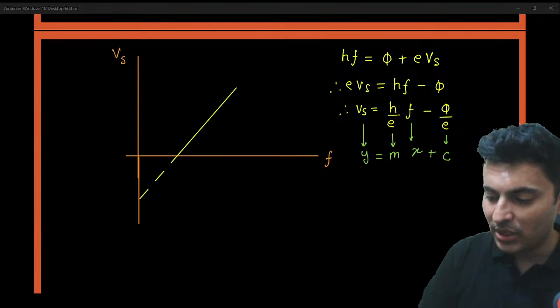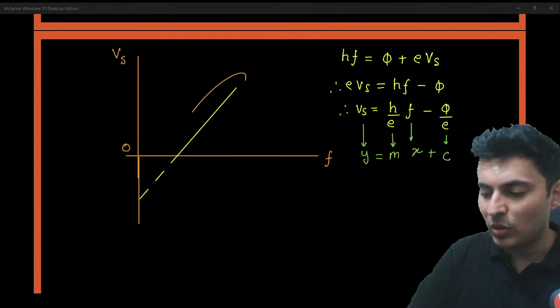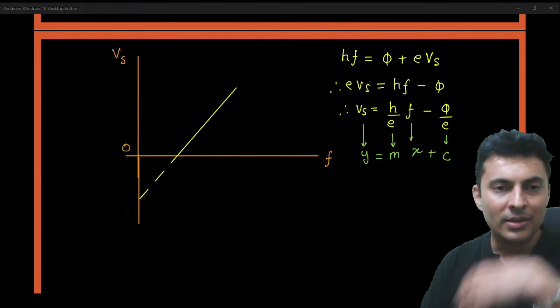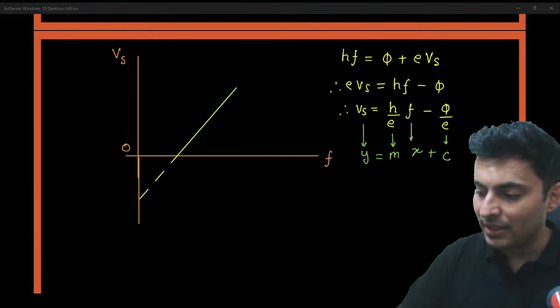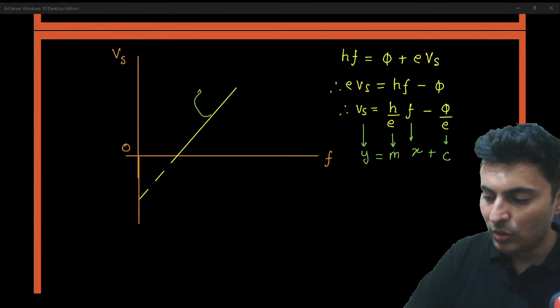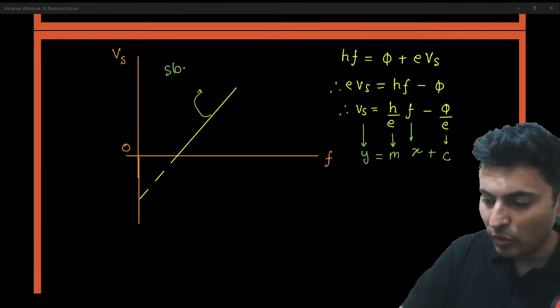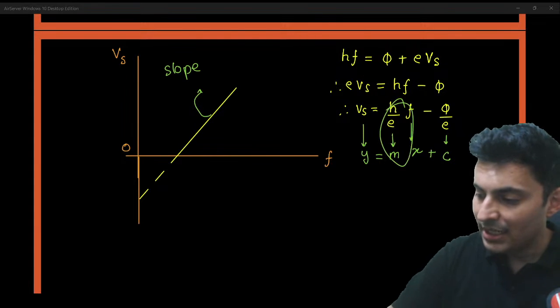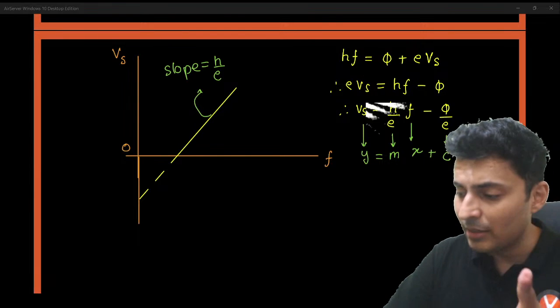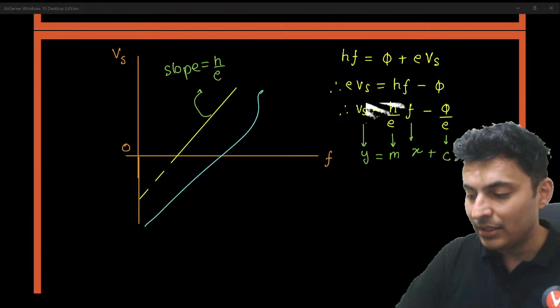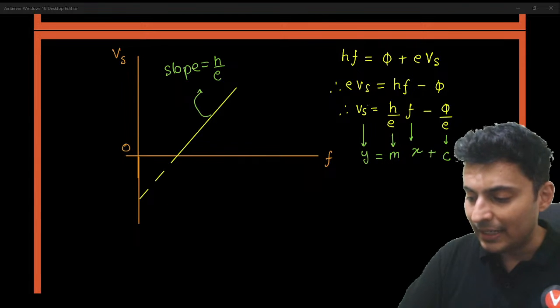So that's why you put it as a dotted line, because it is always going to be on the upper side. Now, the important thing to note is the slope. The slope of this graph, you can see m is h by e. If you take any other metal, it will also be a straight line.